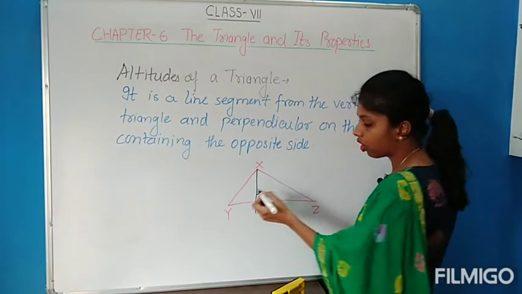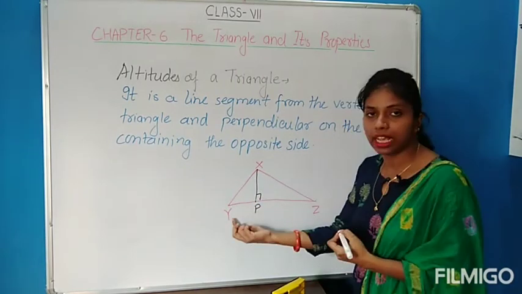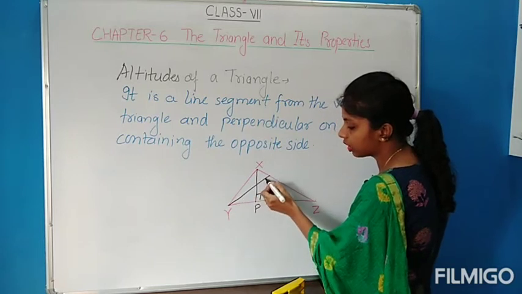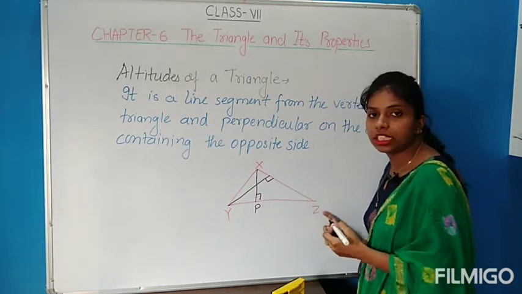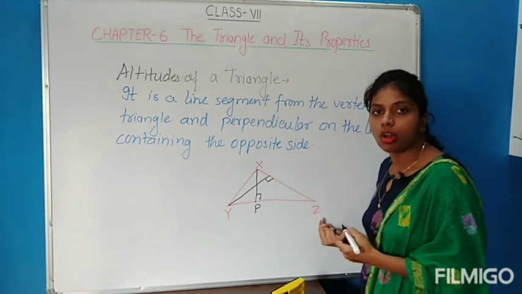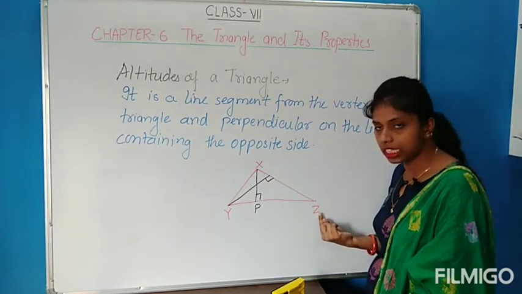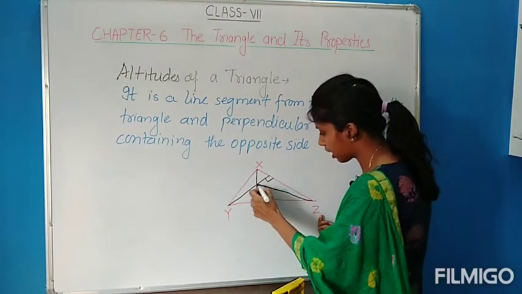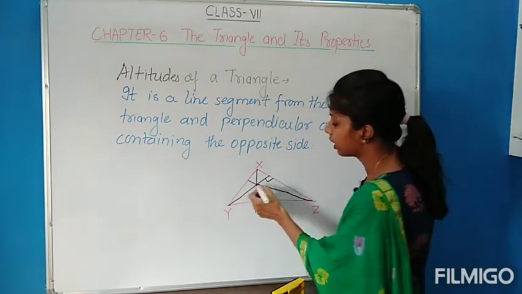Suppose I am going to draw an altitude from the vertex Y, then I am going to draw a perpendicular line on the side XZ. In the same way, if I want to draw an altitude from the vertex Z, then I am going to draw a perpendicular line from the vertex Z on the side XY.